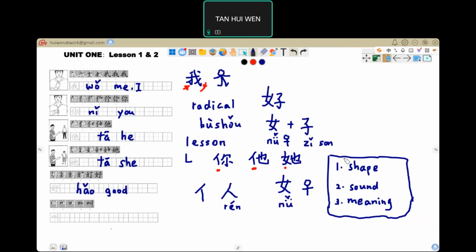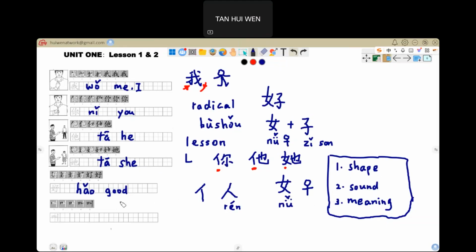So always check, because sometimes people might know it's good, a girl and a boy, but don't know how to read it, because they forgot one of the components when they learned a new Chinese character. So this is a new habit: every time you learn a new Chinese character, make sure you pick up the shape, the sound, and the meaning.